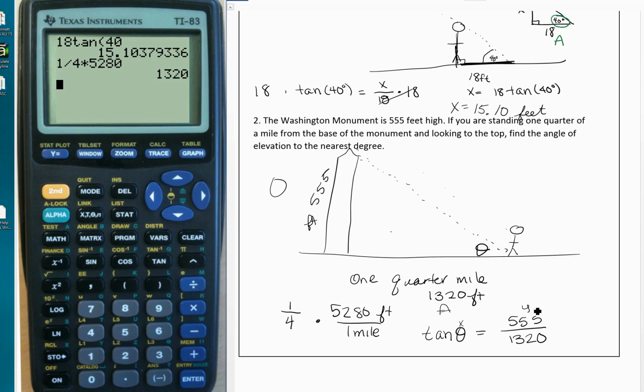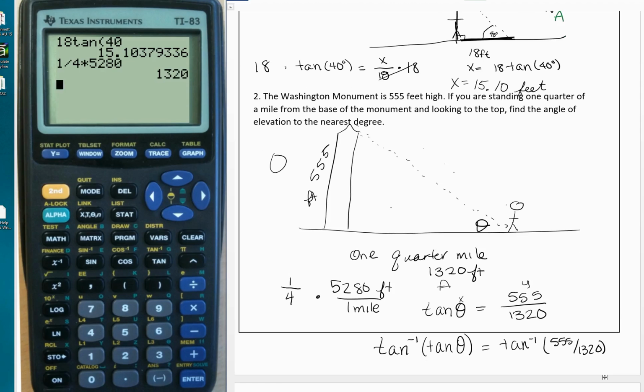Now, when we learned about functions, we learned about inverse functions that would undo a function, and that's what we need here. The inverse function is called tangent inverse, and it has a -1 as its superscript. So we're going to take tangent inverse of both sides, so a tangent and a tangent inverse cancel each other out.